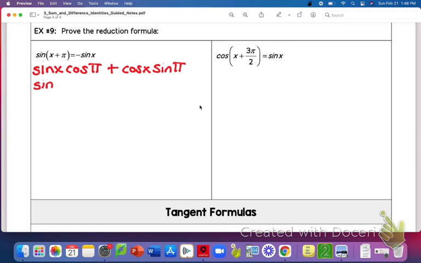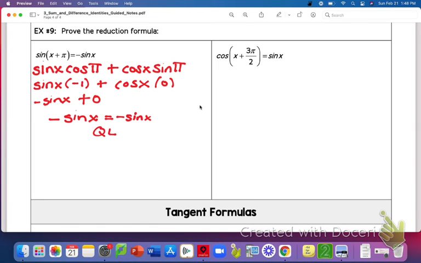So this left chunk is going to be equivalent to negative sine of x. On the right side, cosine of x will stay cosine of x, but sine at pi is 0. So that whole thing just goes to 0. So negative sine of x is equal to negative sine of x. QED.